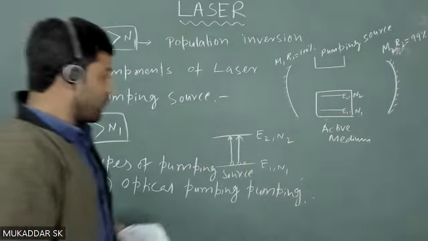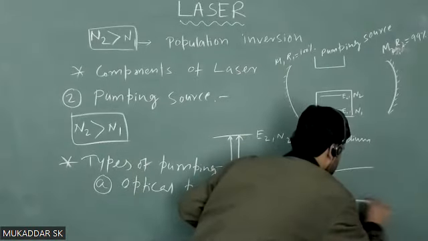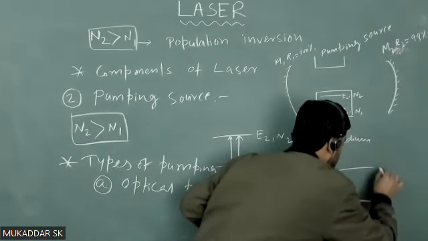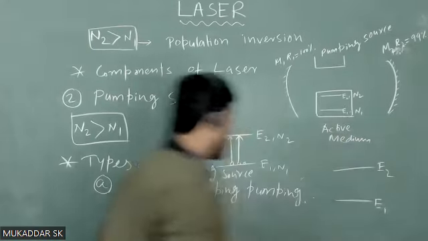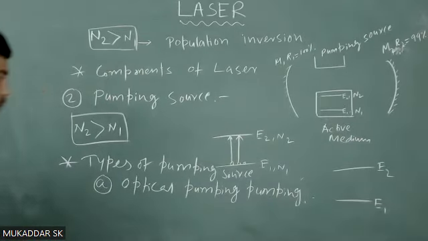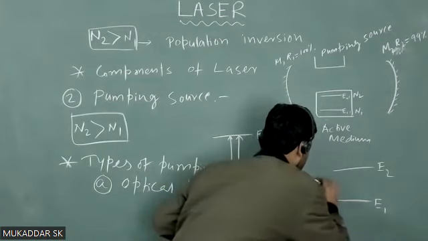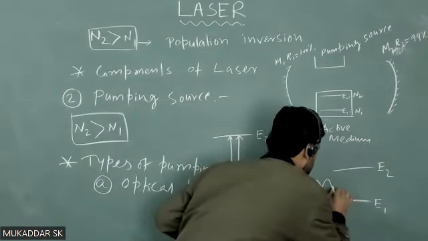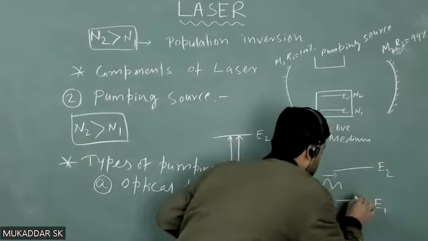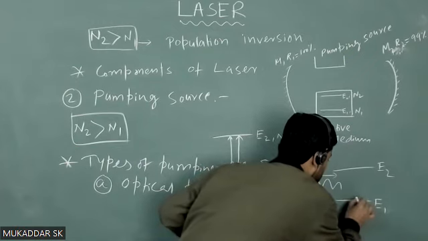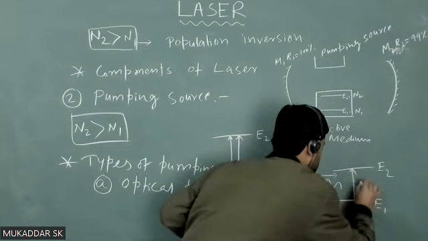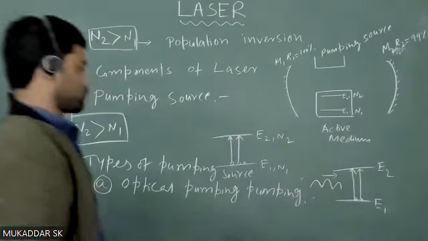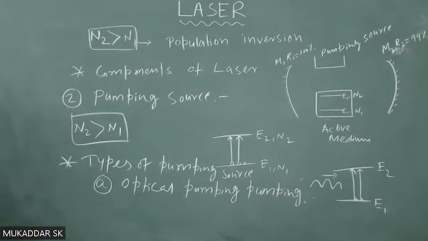So for optical pumping, this is your levels E1 and E2. In optical pumping, basically photons or light are used. Photons or light are basically used to pump the atom from E1 to E2, or from the ground state to the excited state.